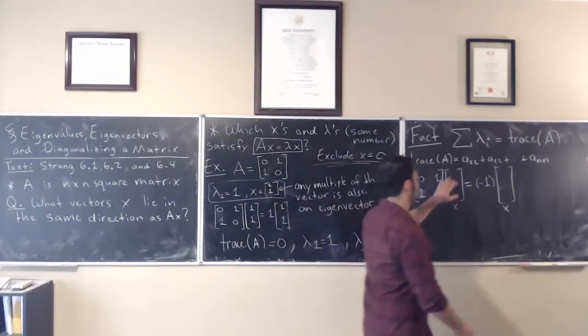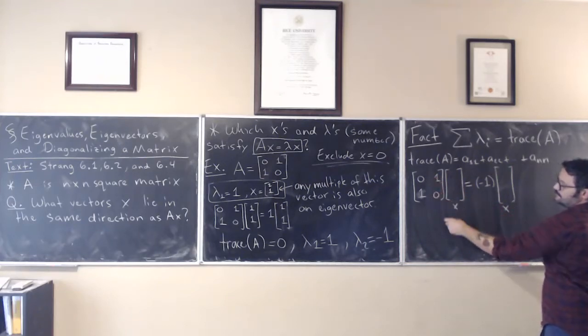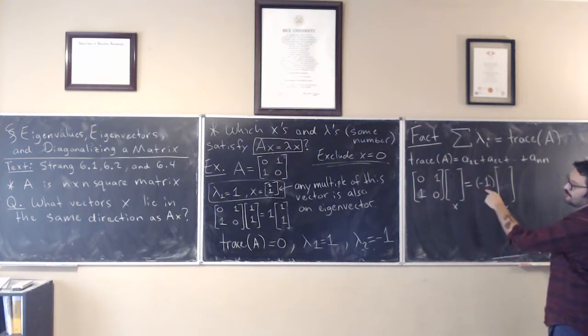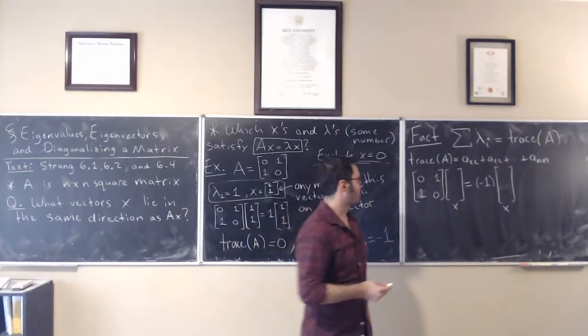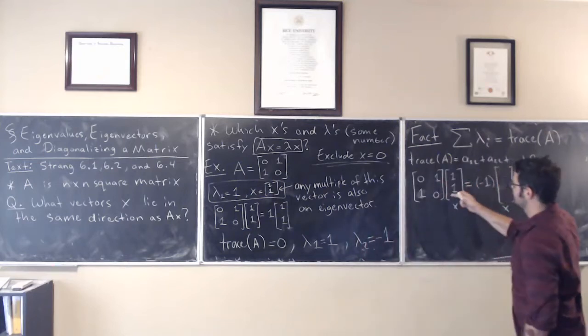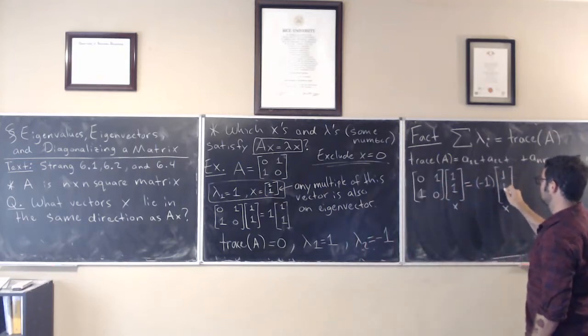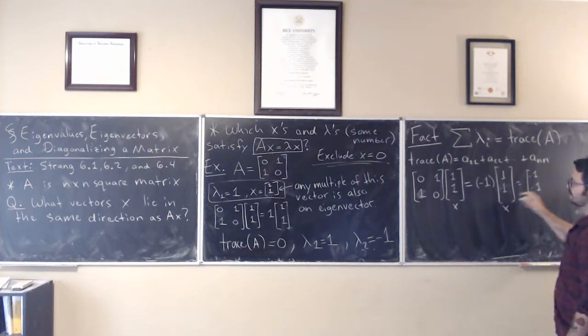Well, if you had -1, -1, then this multiplication would just be -1, -1, but then multiply that by -1, you'd have 1, 1. So you wouldn't get 1, 1 again. Well, if you plug that in, that times that is just 1, 1. But now we have -1, -1. That's not the same vector.